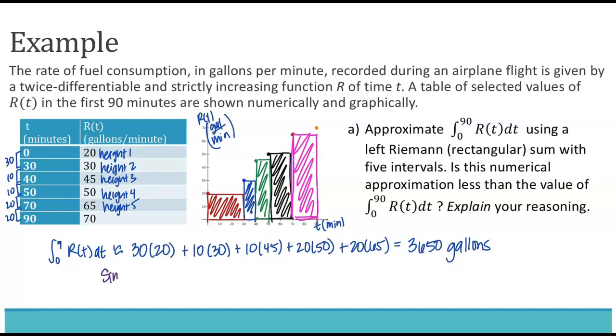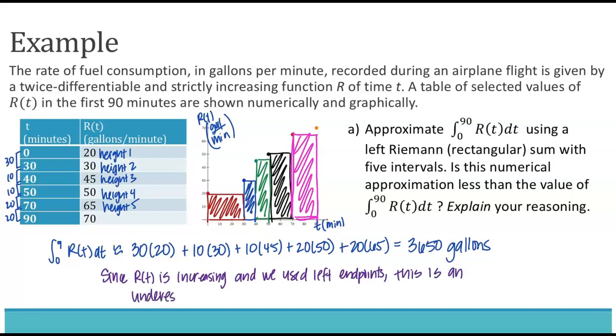So I want to say something like, since r of t is increasing and we used left endpoints, this is an underestimate for the actual integral from 0 to 90 of r of t dt. It would be an overestimate if I had used right endpoints, because then I'd have these rectangles that always go over the graph of r of t.